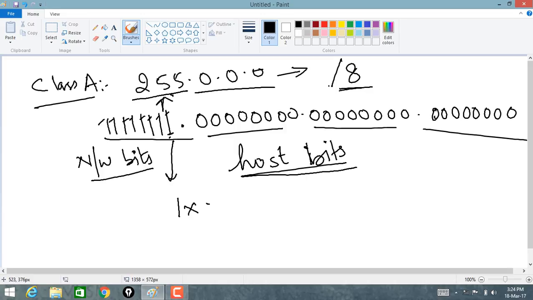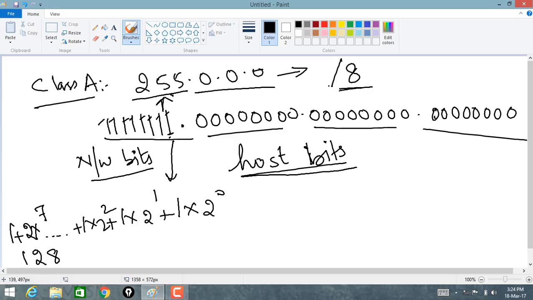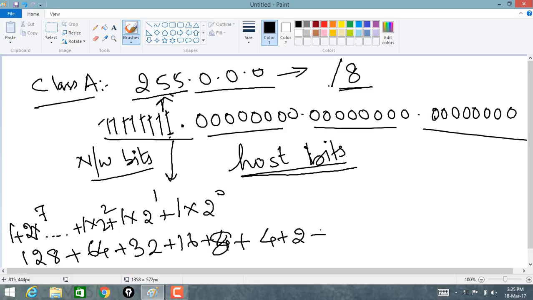You take it like this: 1 into 2 raised to 0 plus 1 into 2 raised to 1 plus 1 into 2 raised to 2, and it will go till 1 into 2 raised to 7. So 1 into 2 raised to 7 is nothing but 128, then 64, then 32, then 16, then 8, 4, 2, 1, and this will be equal to 255.